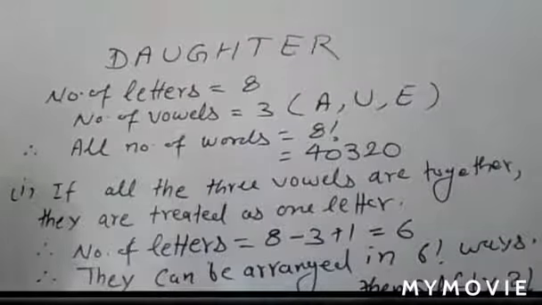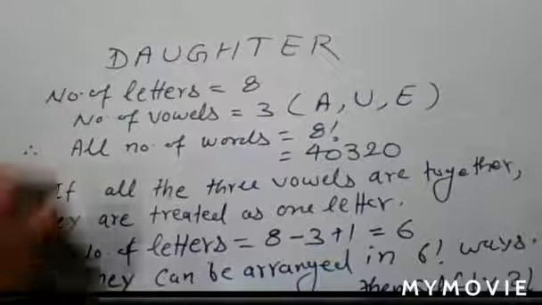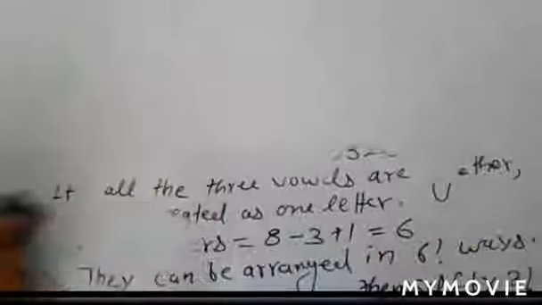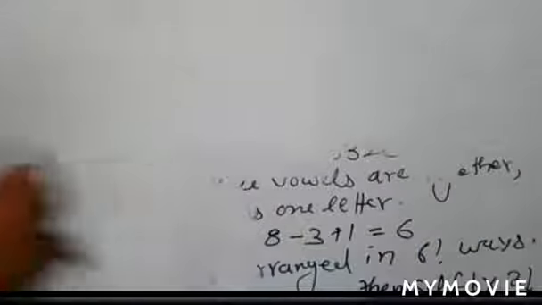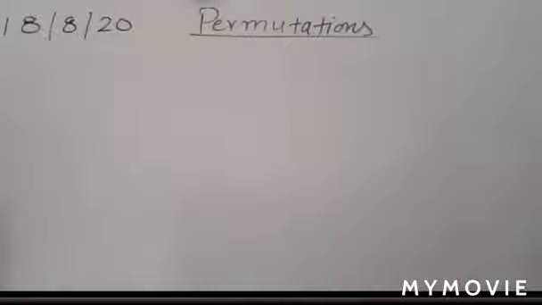Right, next question. A code word is to consist of two distinct English alphabets followed by two distinct numbers from 1 to 9.